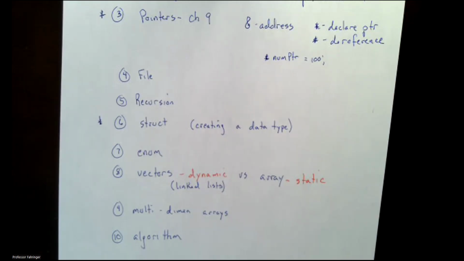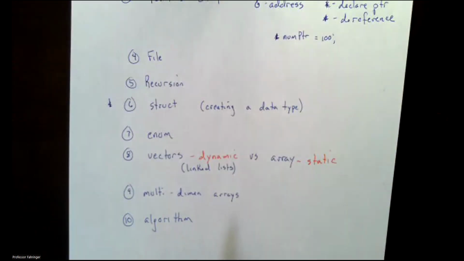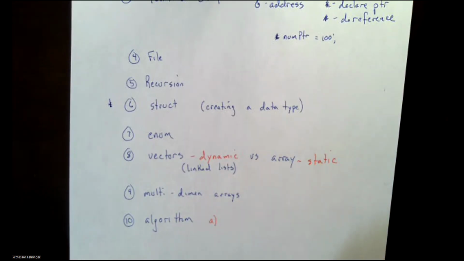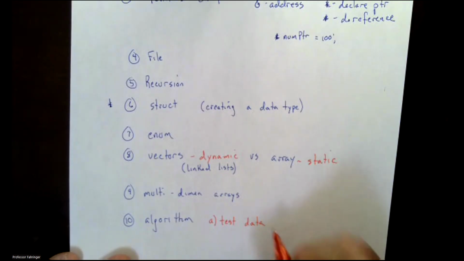Now, what's going to happen in this course? We're going to use that concept of writing an algorithm, but we're going to be doing two things. One is you're going to hear me saying this over and over: start with test data. We did this a little in 161, where if I can take test data and do it by hand, that's going to help me write the code, because I need to understand the problem first.